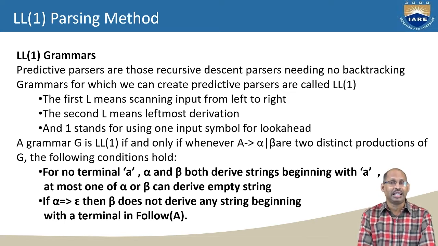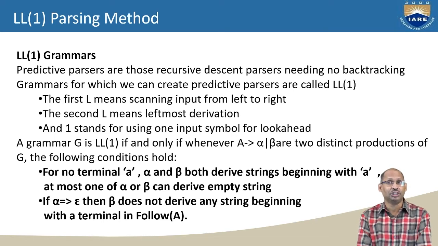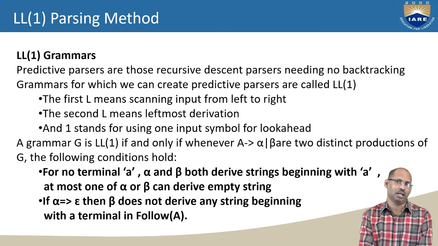So, we must eliminate that ambiguity. We check whether the grammar is giving ambiguity or not. If it is unambiguous, then we say the grammar is said to be LL1 grammar. It eliminates the ambiguity in the predictive parsing table.